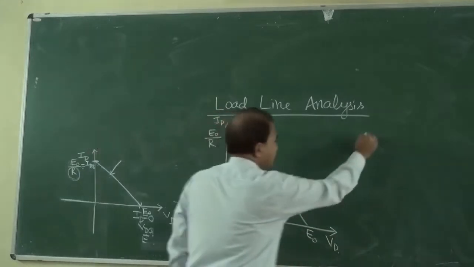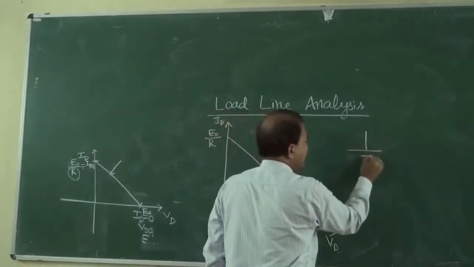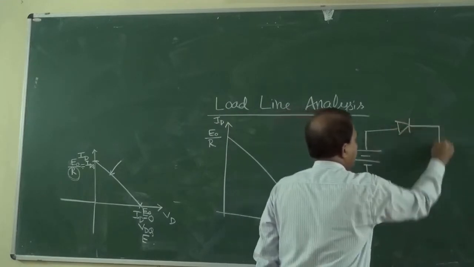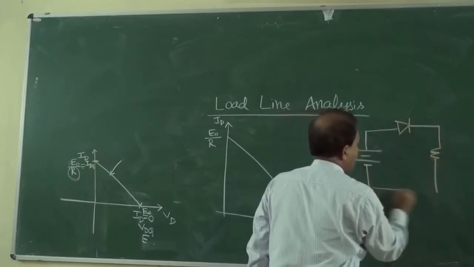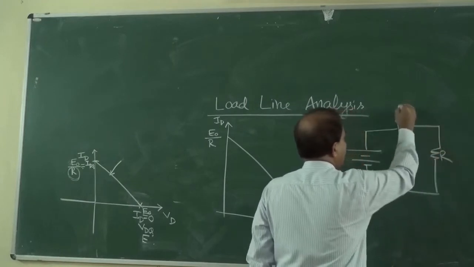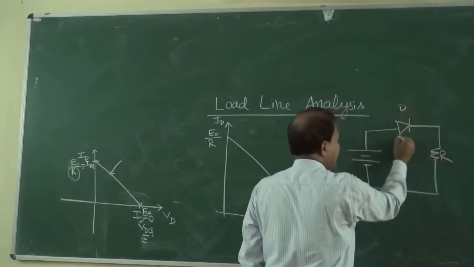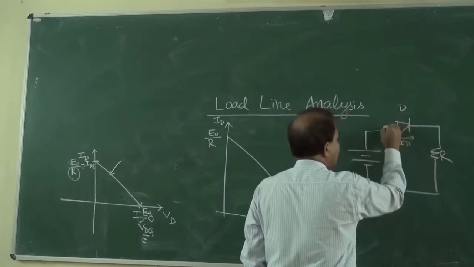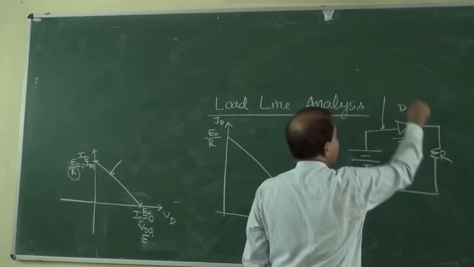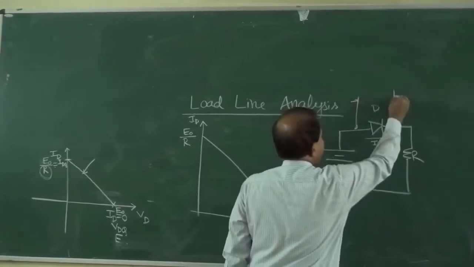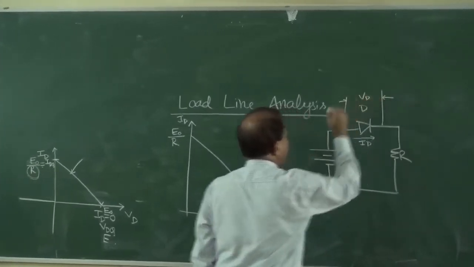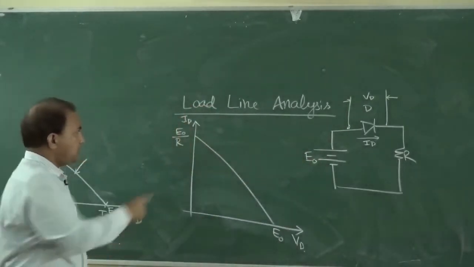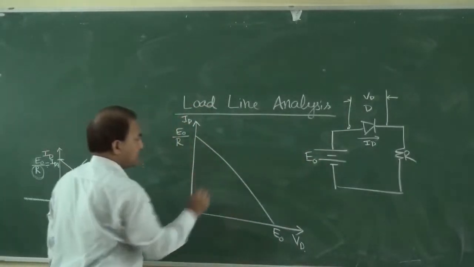This is for this circuit. This is R, diode D, current ID, and the voltage across this diode is VD, and this is E naught. So this is E naught by R, this is E naught.